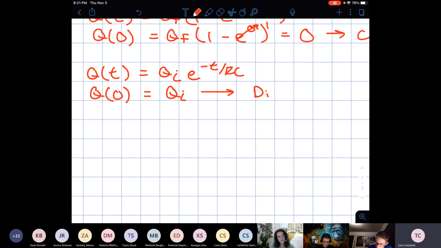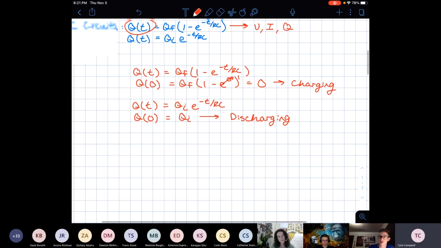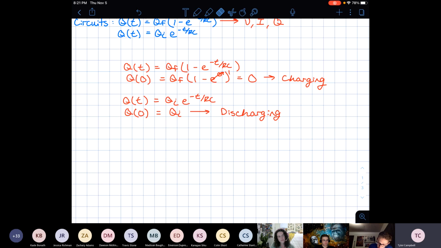So any t greater than 0 will experience a decrease in charge, voltage, or current. One is for charging, one is for discharging. It's very important to know the difference, especially on an exam. I don't know exactly what the problem will look like, but that covers when to use those equations.